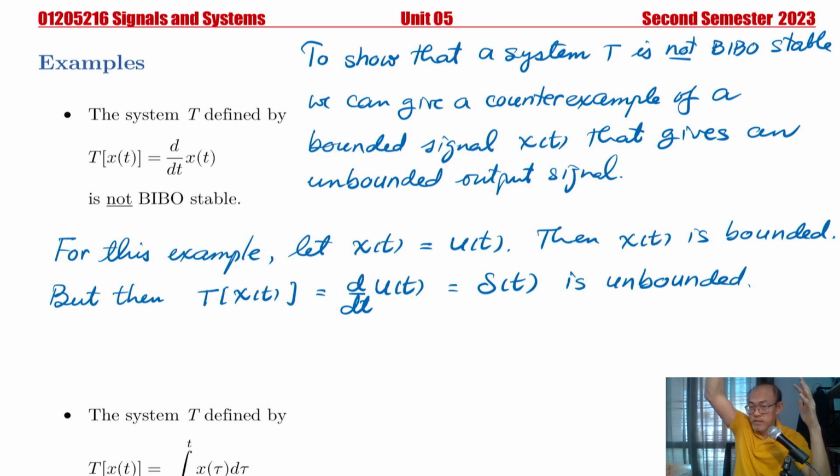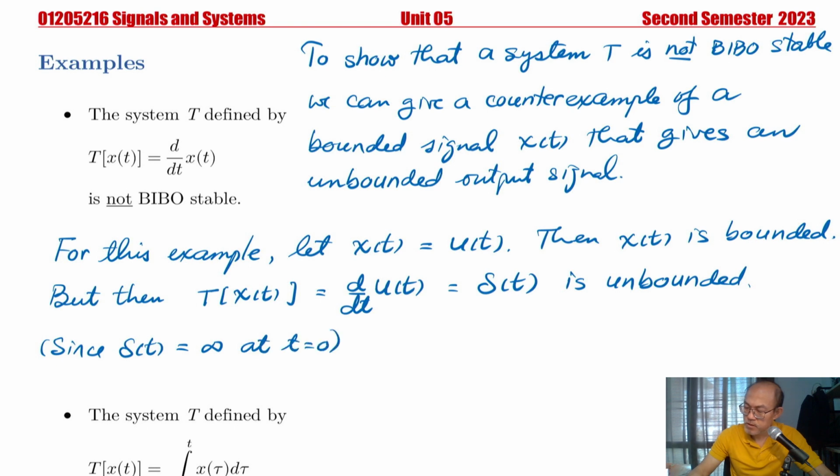It goes to infinity at time 0, since delta(t) equals infinity at time 0. So we have found that there is a bounded signal that results in unbounded output, right? So this differentiator is not BIBO stable.